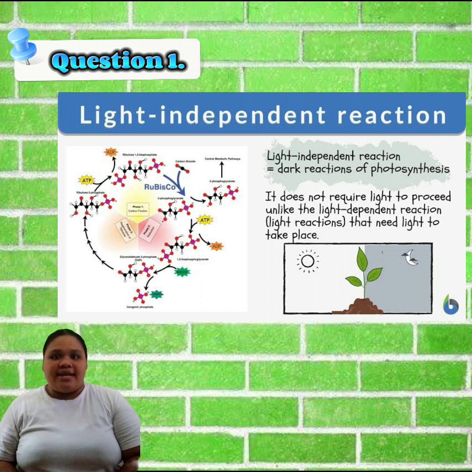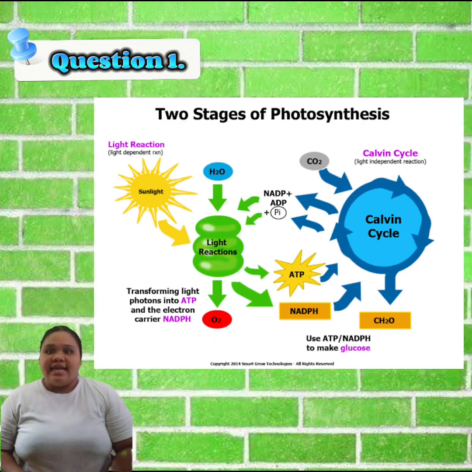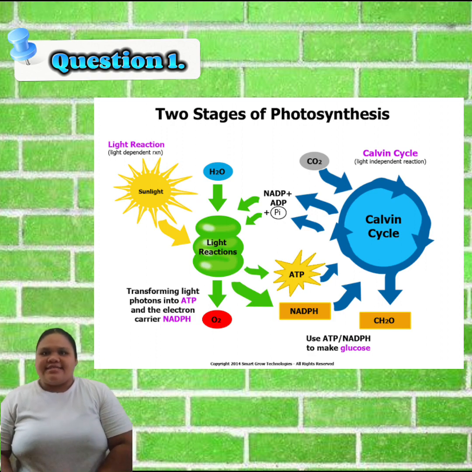The light-independent reactions are sometimes called the Calvin cycle because of the cyclical nature of the process. They need the byproducts of the light-dependent reactions to work, despite the fact that they don't use light as a reactant, and can therefore occur day and night.